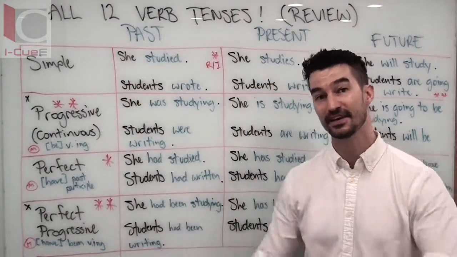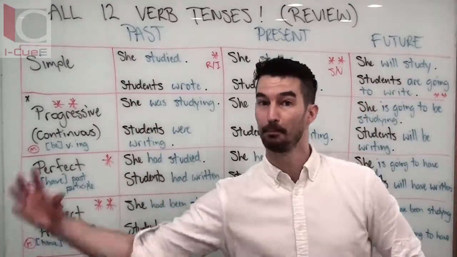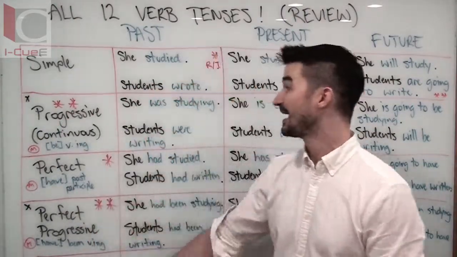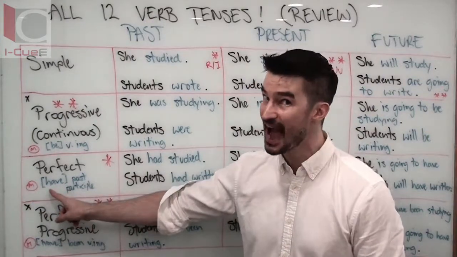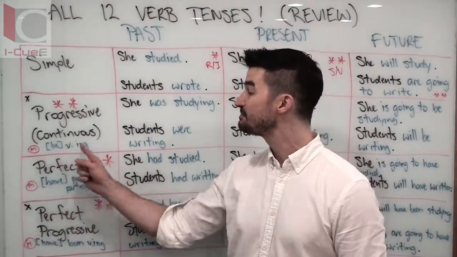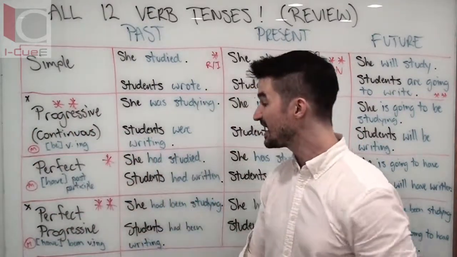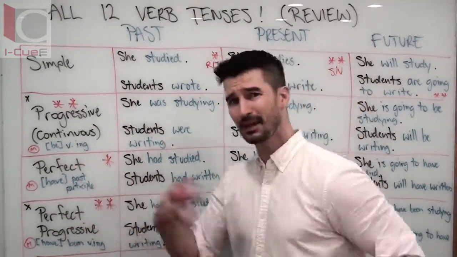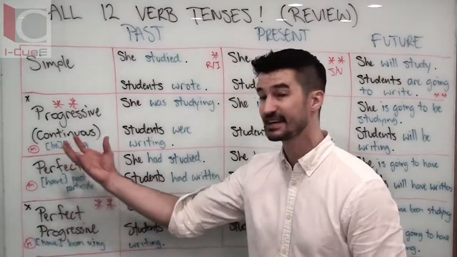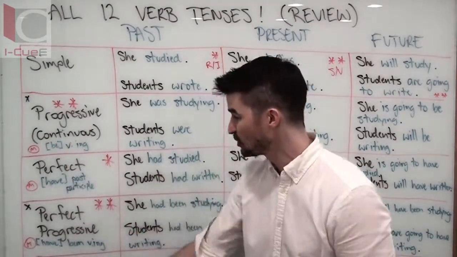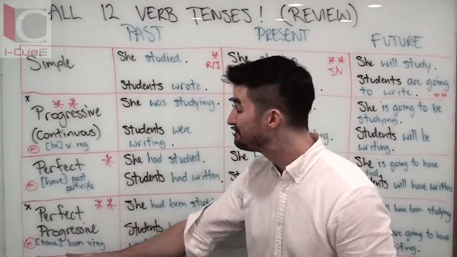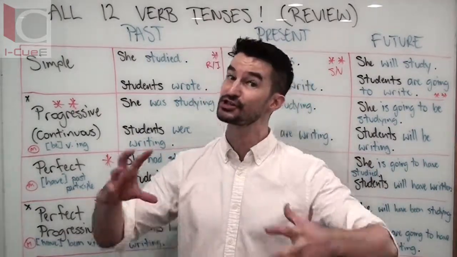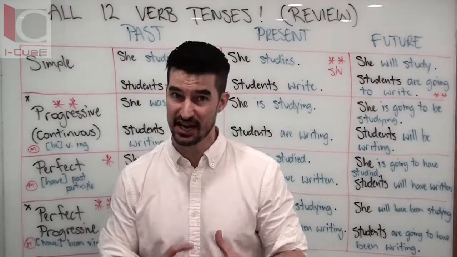Perfect progressive. Remember the order. All the rules apply. The perfect starts with have. The progressive uses be plus verb ing, but the be is always going to be the past participle because that's what follows have in the perfect construction. So you have been verb ing, and it's the have, the first word in the construction, that's going to change.